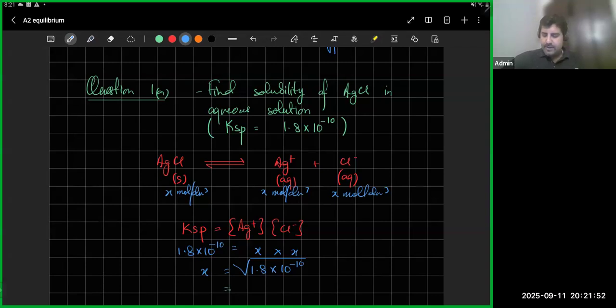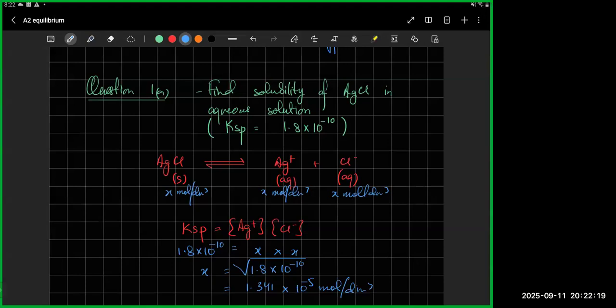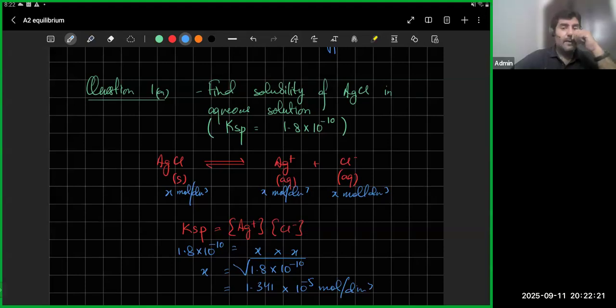So I'm getting 1.341 or 32 mole per dm cube. Actually, sorry, 10 power minus 5. It's really low. Is this clear? Yes, sir. Okay, this came, 1.34.